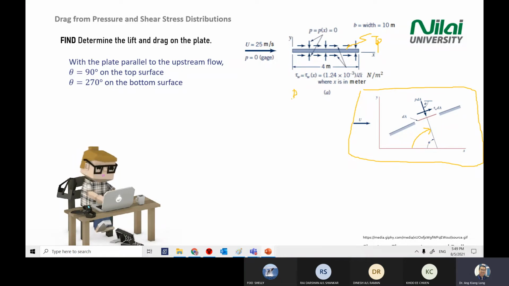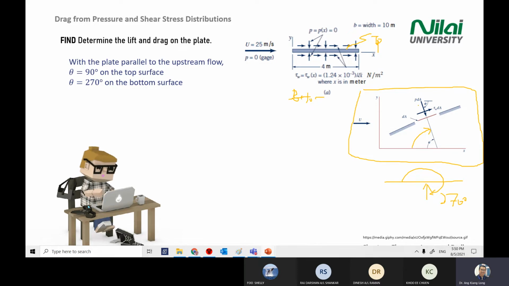At the bottom, the arrow is pointing up, so it becomes 270 degree. If you turn the object and measure from here to here, you will get 270 degree.